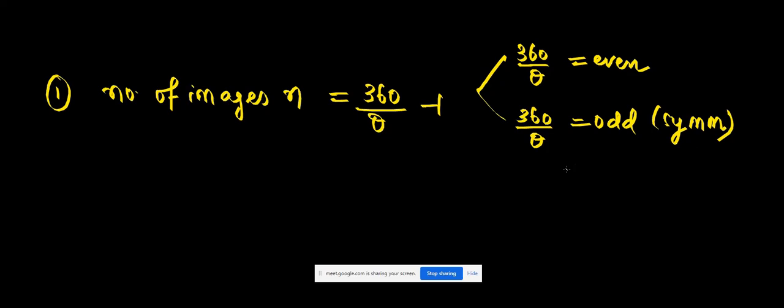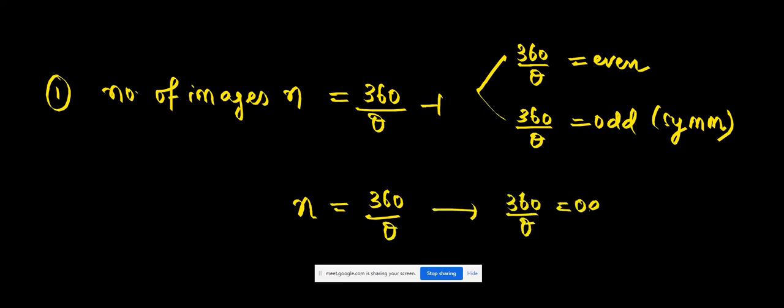Clear? Now the number of images n is only 360 by theta, when 360 by theta value is odd and the object is at different positions, that means asymmetrical position. Fine.